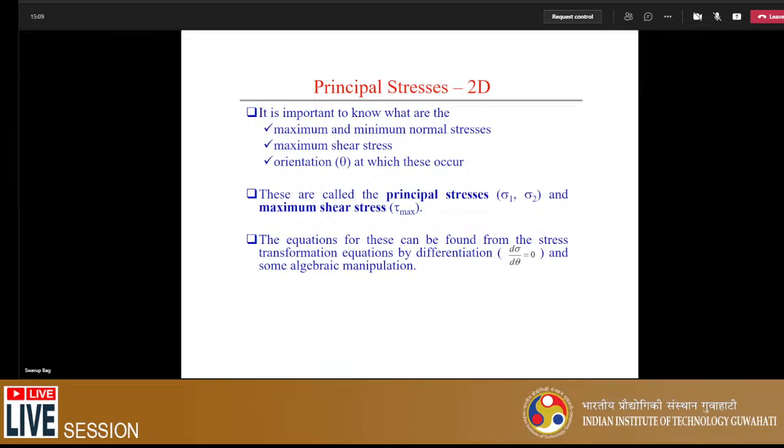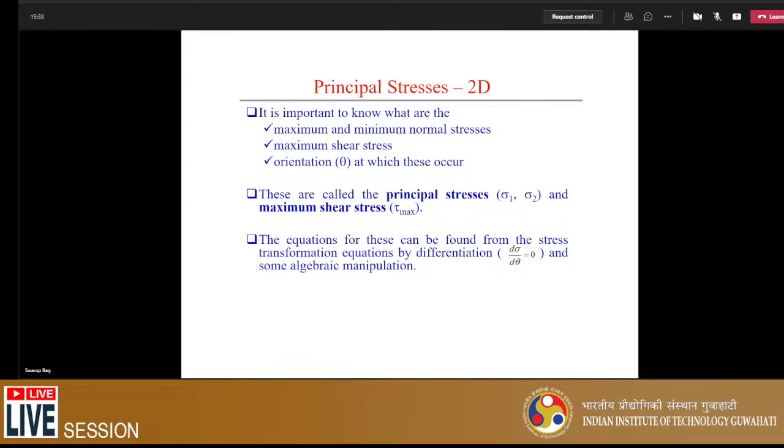Setting d sigma by d theta equal to 0, we can get some condition. That condition gives the state of the stress that is called the principal stress. It's not necessary that the principal stress will be in the same direction as the actual original, or initial, state of the stress that is acting.